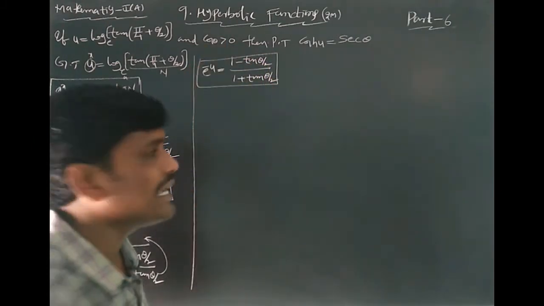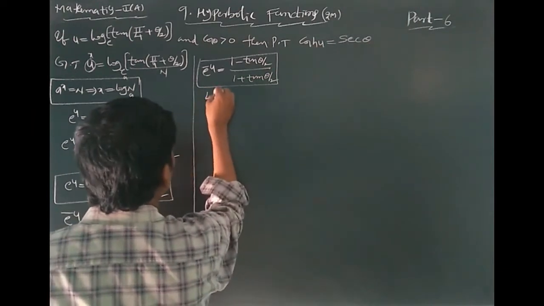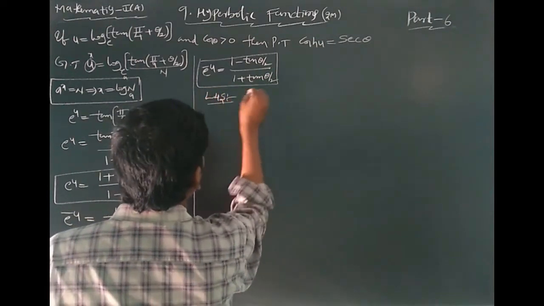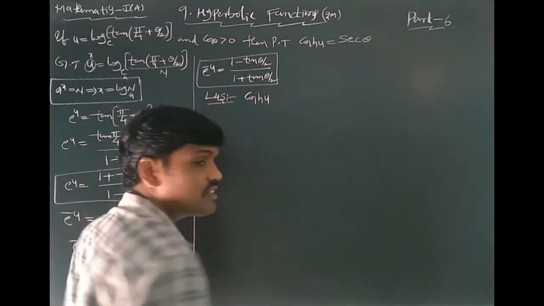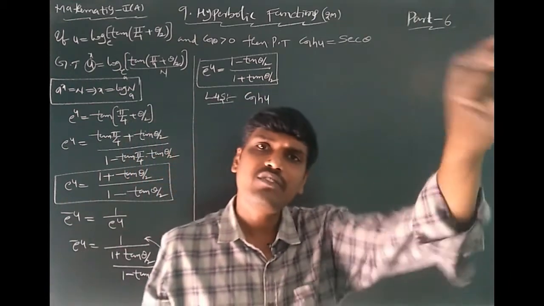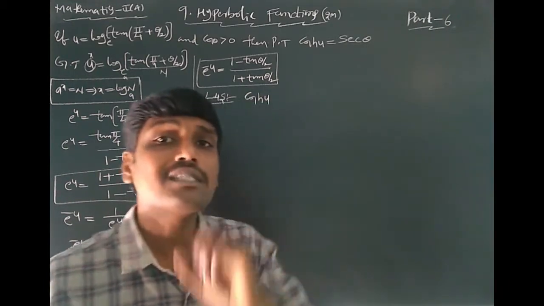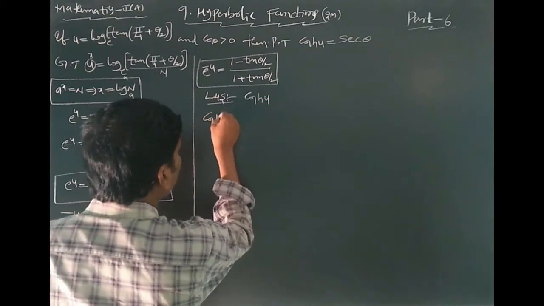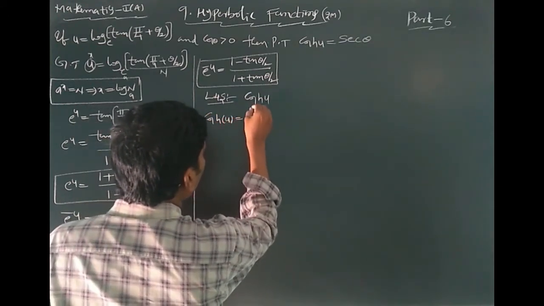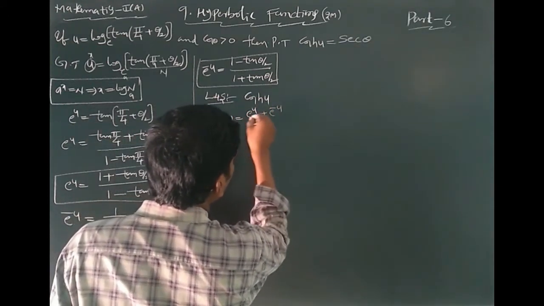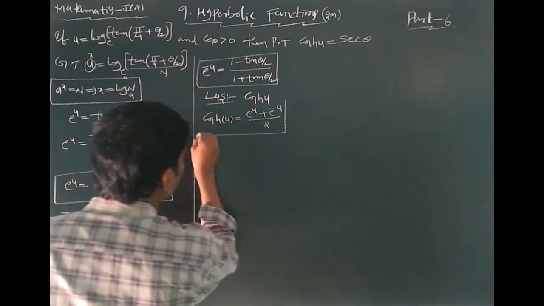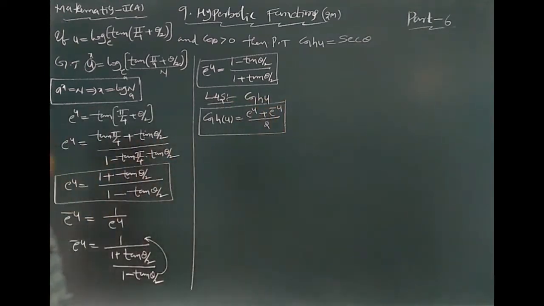After that, take the LHS part of what is to be proved. What is that LHS part? Cosh u. What is the formula of cosh x, the definition of the hyperbolic function? Cosh x equals e power x plus e power minus x by 2. In place of x, you can write u.